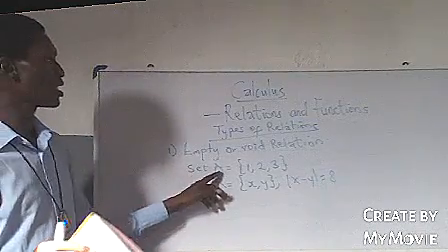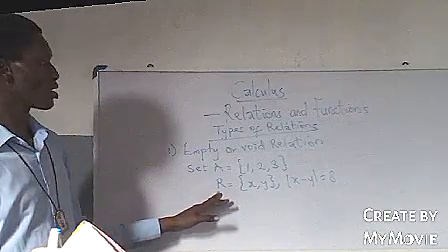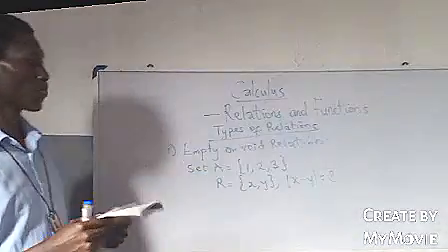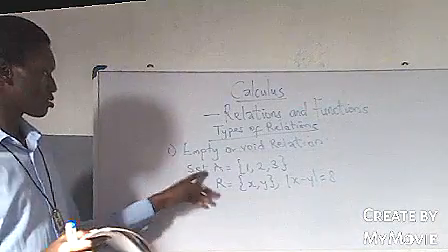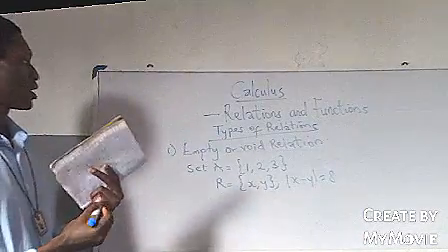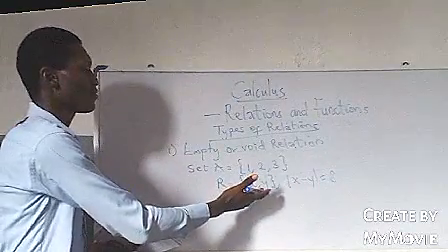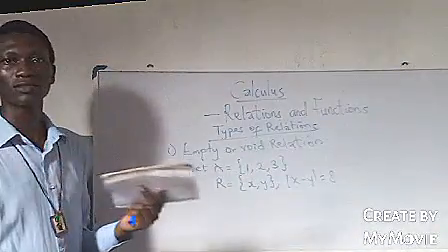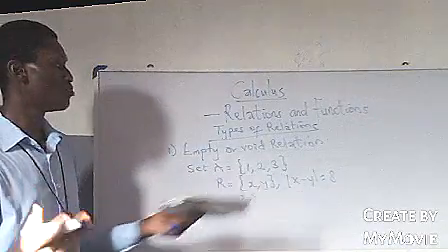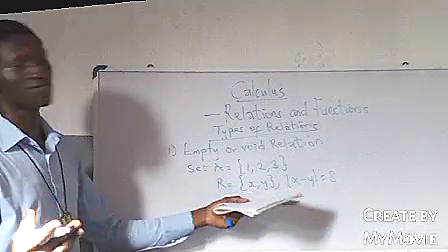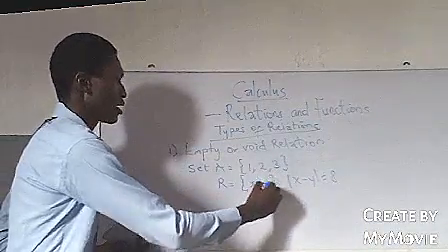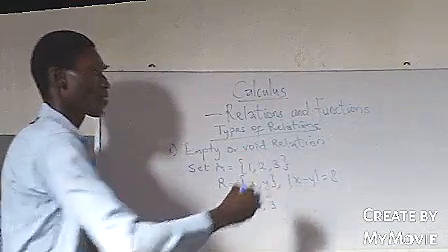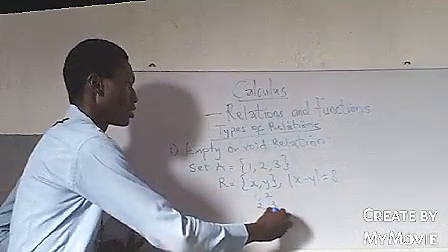Now, if for instance we have set A, which is 1, 2, and 3, and our relation uses x and y, where x minus y gives us 8, to prove that these sets are unrelated, we can use about 3 different ways to assign x and y values. Our x and y can be 1 and 2, 2 and 3, and 1 and 3.